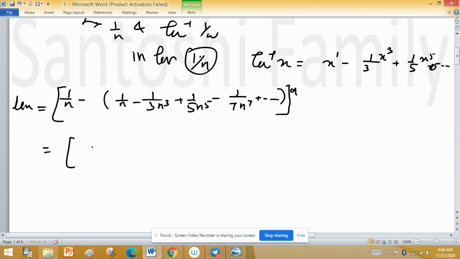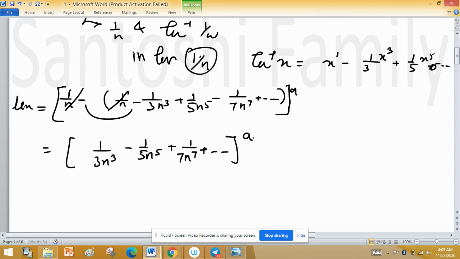The 1 by n cancels out with this, and minus minus turns to positive: negative terms turn into positive, and positive terms turn into negative. So it is 1 upon 3 n raised to the power 3 minus 1 upon 5 n raised to the power 5 plus 1 upon 7 n raised to the power 7 and so on, all raised to the power a.